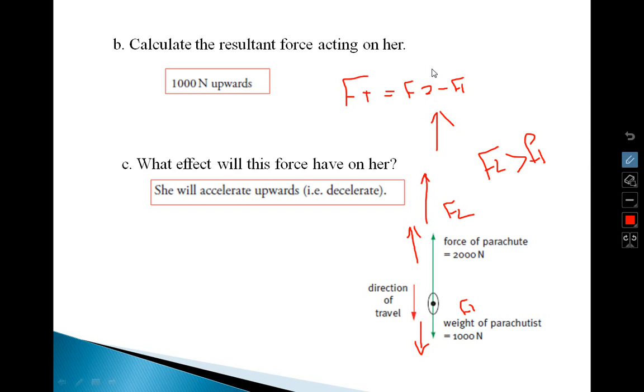If F2 is still greater than F1, the parachutist will never get to the ground.